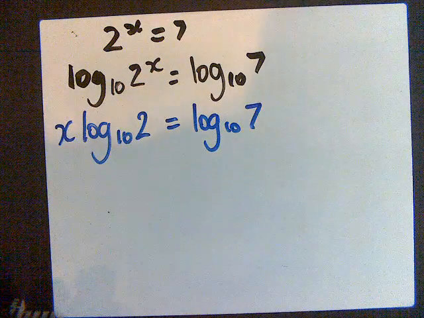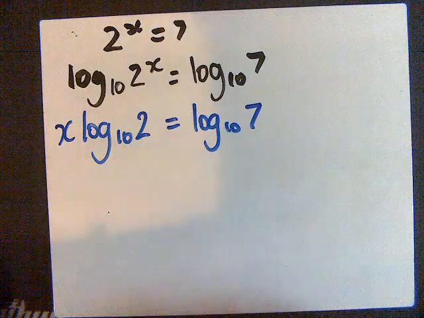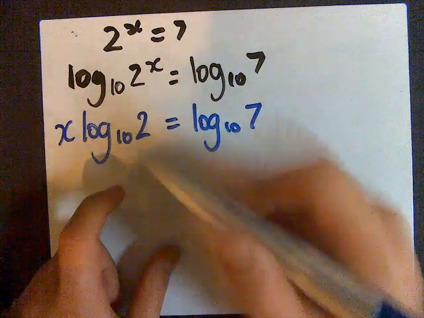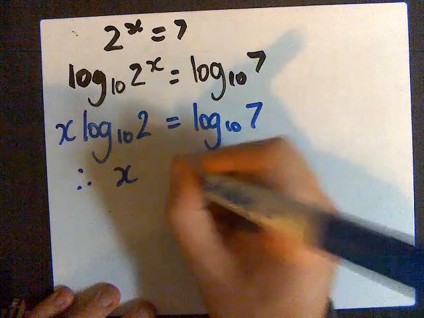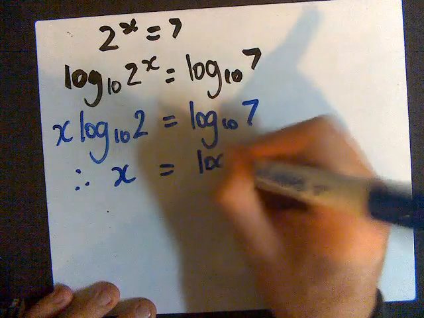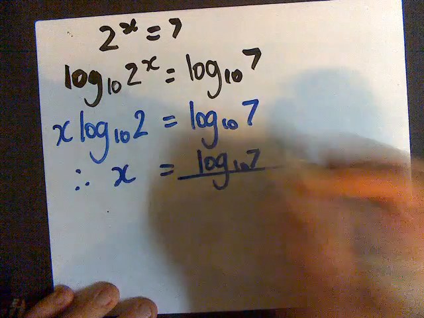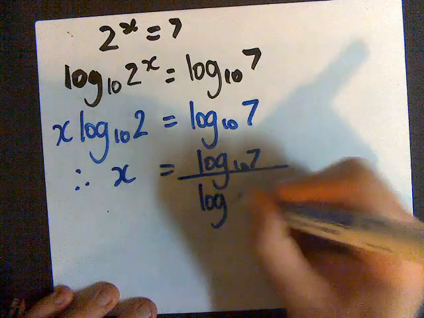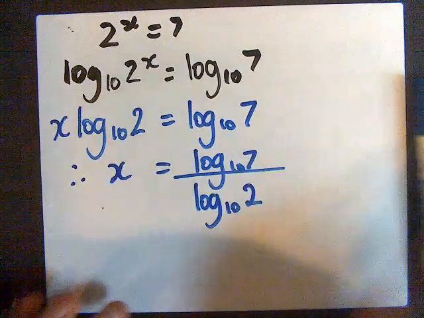So if I have times, it means I can do the opposite and divide on the other side. So therefore, x is actually going to be log base 10 of 7 divided by log base 10 of 2. Now this is something you have to do in your calculator.